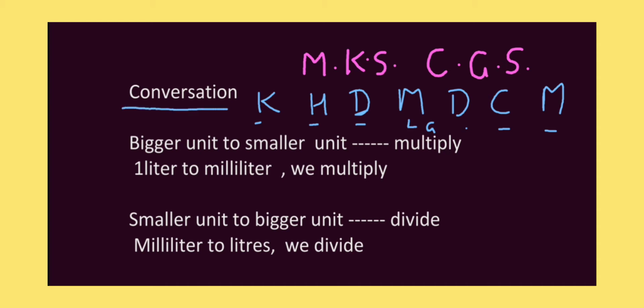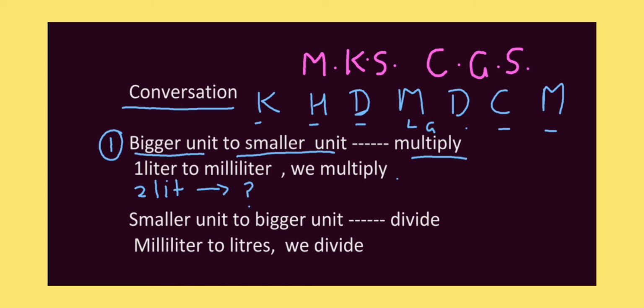Now here, I have given you the first clue. When we convert a bigger unit to a smaller unit, we multiply. For example, 1 liter to milliliter, then we have to multiply. Suppose we are asked, 2 liters to how many milliliters?